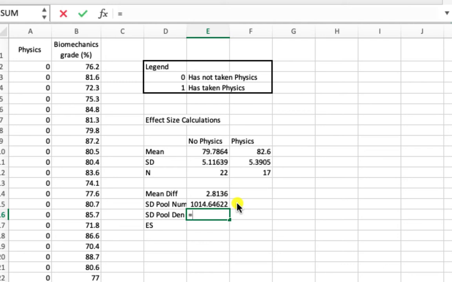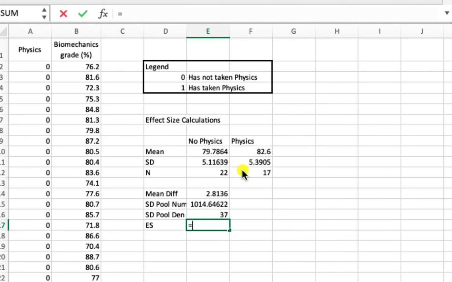The denominator is just our degrees of freedom for our samples as a whole. So we take the total sample size, whoops, wrong button. Total sample size, there we go, minus 2, since we have independent samples.